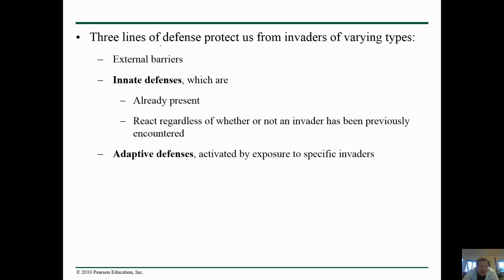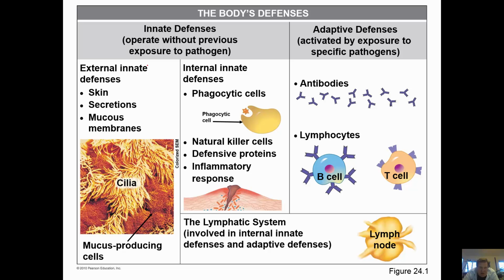We have a number of lines of defense, so we have our external barriers and behaviors. We have what are called our innate defenses, which are present at birth regardless of whether we've seen the disease before, and what we call an adaptive defense, which is activated only after exposure to specific invaders.